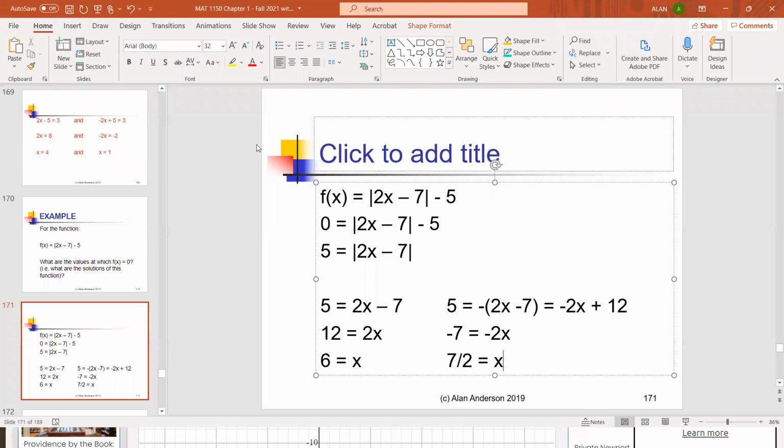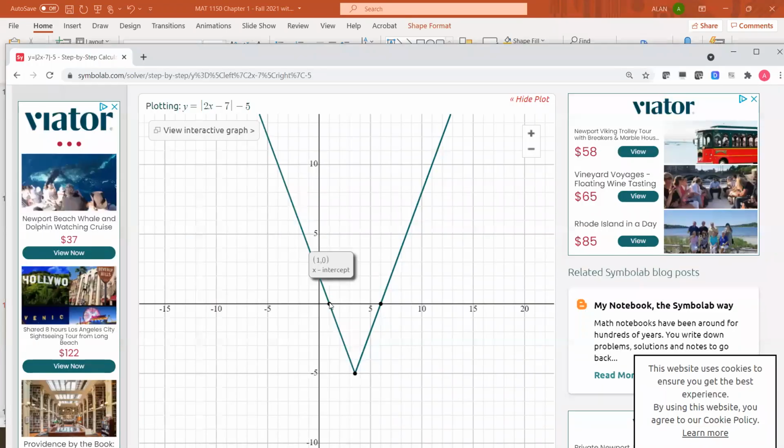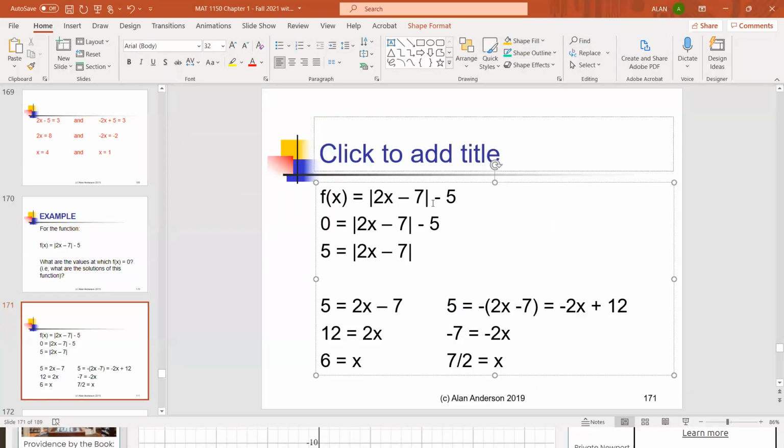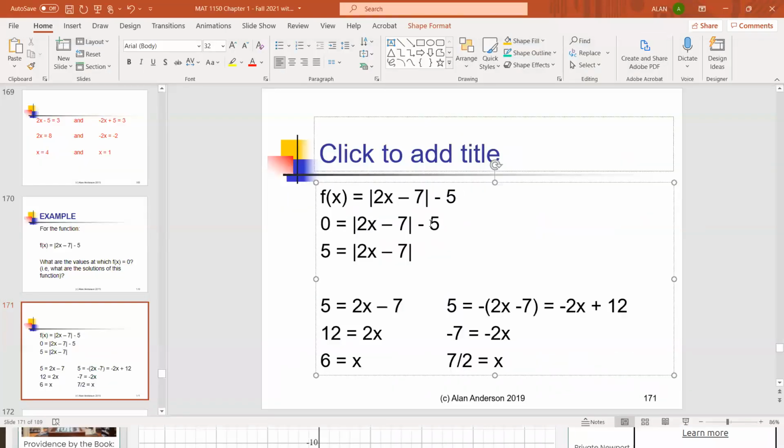All right, so let's confirm that with the symbol lab. Oh, no, something's not right. All right, let's see what the problem is. 2x, did I type that right? 2x minus 7 minus 5. Okay, we add that to both sides.